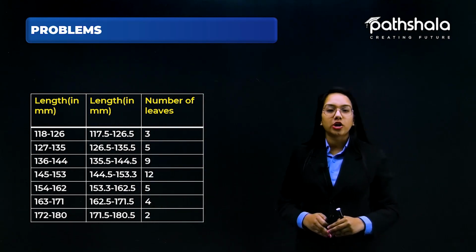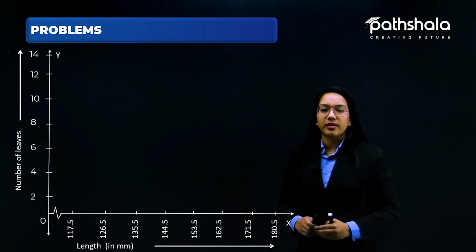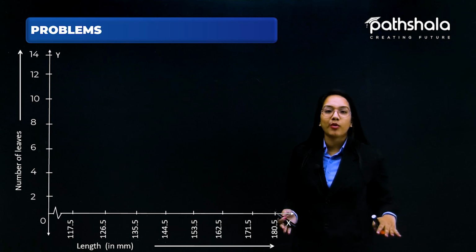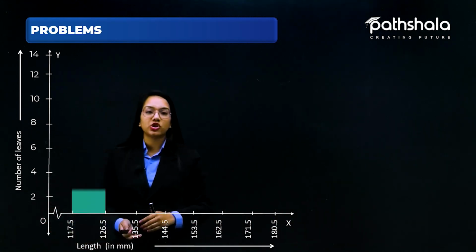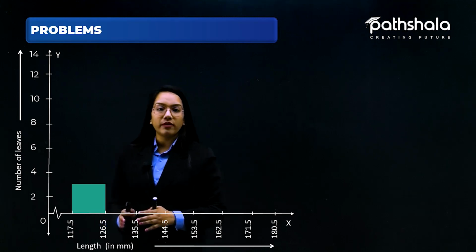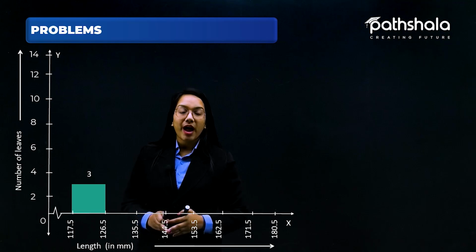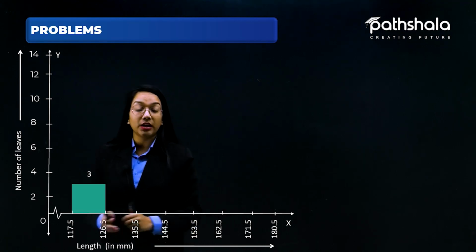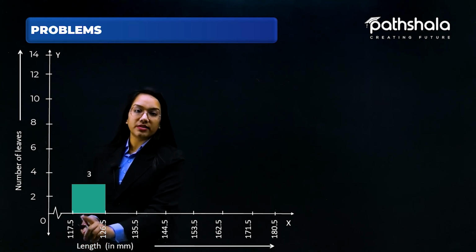Now let's plot the graph for this one. I'm taking the length in mm on the x-axis and the number of leaves on the y-axis. Let's talk about the very first bar, which is 117.5 to 126.5. It has a frequency of 3. I have put a kink over here, you can see, because the scale starts from 117.5.